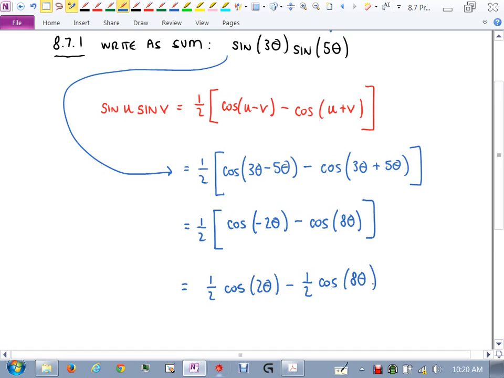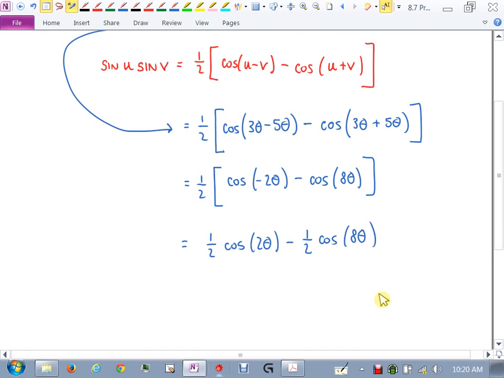What did I do there? I distributed the 1/2 through to both terms, but something else changed. The negative 2 theta in here turned into a 2 theta, and nothing else changed.